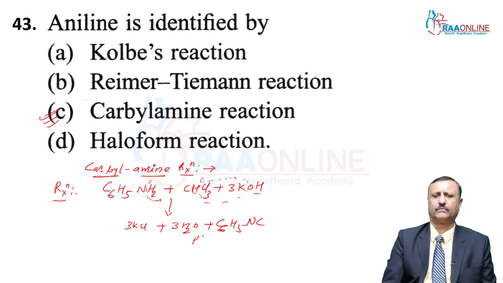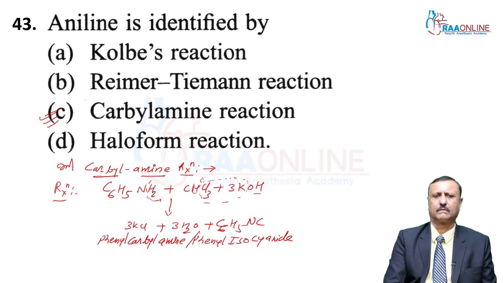This compound is called phenyl isocyanide, or another name of this compound is phenyl carbylamine. So my dear students, it is called carbylamine reaction because it gives phenyl carbylamine.